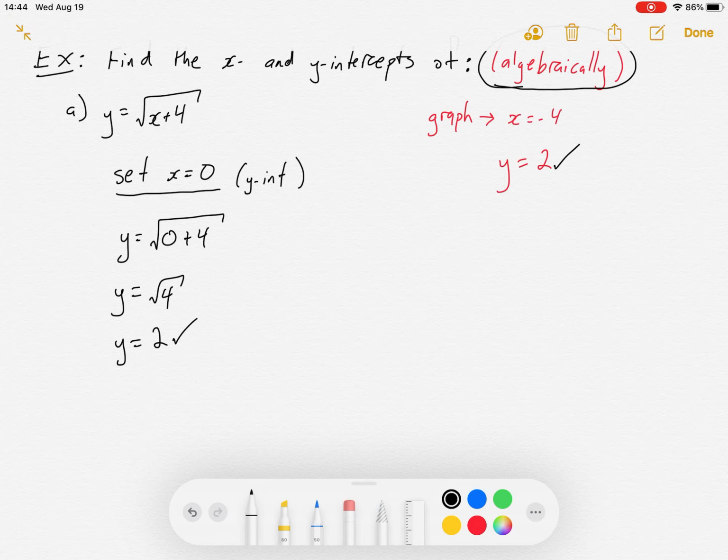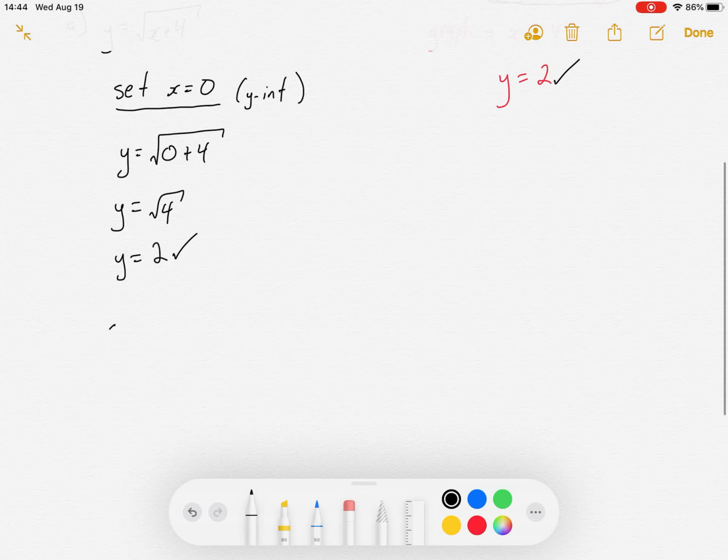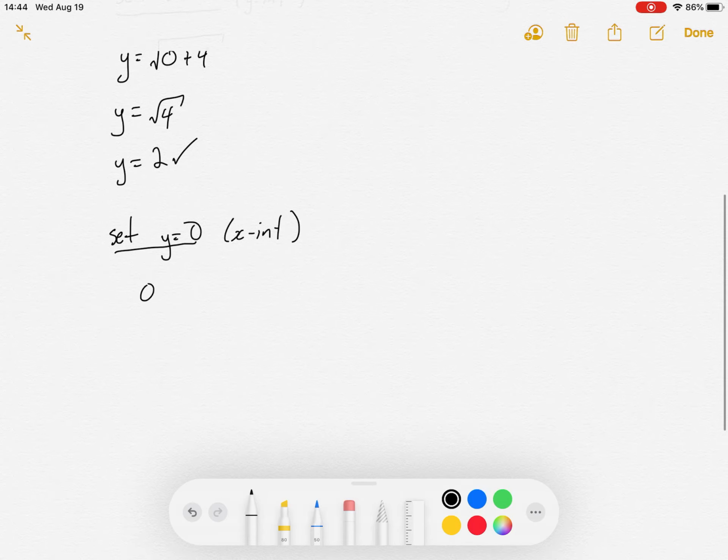So for the y-intercept, I set x equal to 0. I just mixed it up. For the y-intercept, I set x equal to 0. For the x-intercept, I'm going to set y equal to 0. So now we're solving the equation 0 equals the square root of x plus 4.